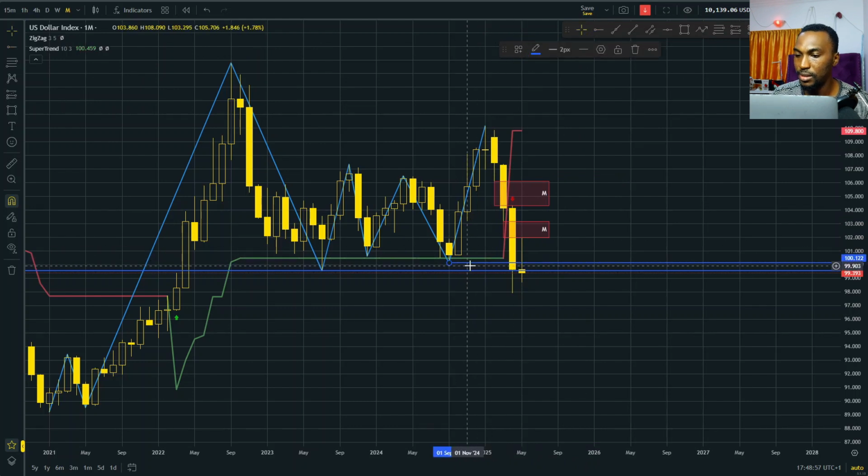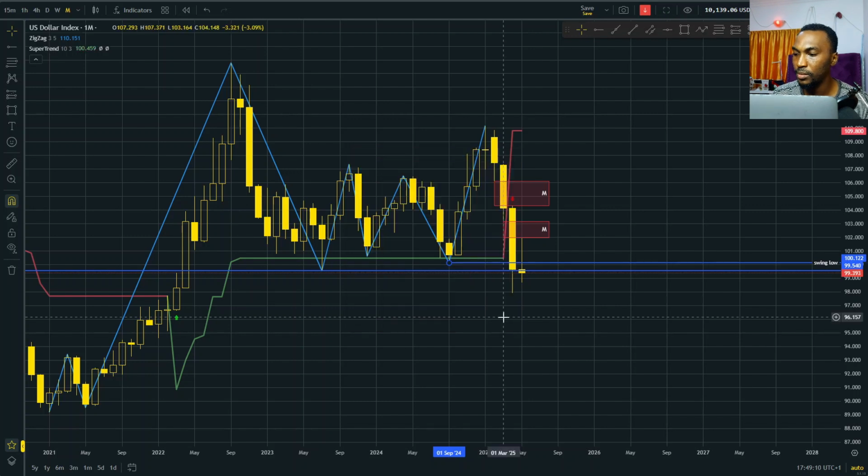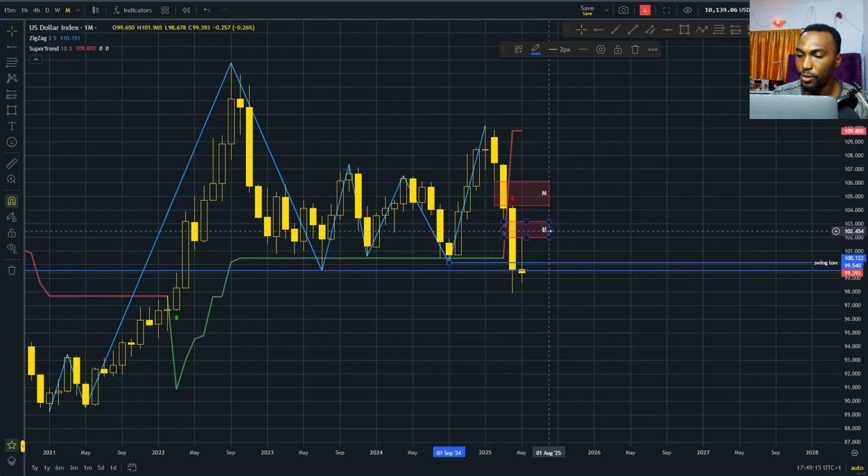The other problem is the fact that this high doesn't have a fair value gap overlapping. This is our high, our swing high, or rather swing low in this case. Our swing low is actually the first line of defense, while our fair value gap is the second line of defense.